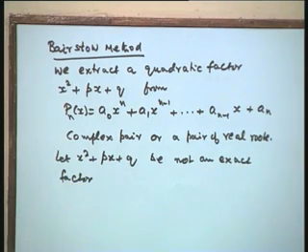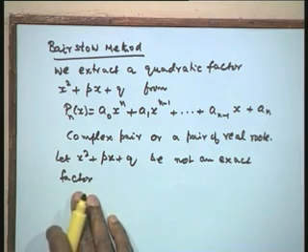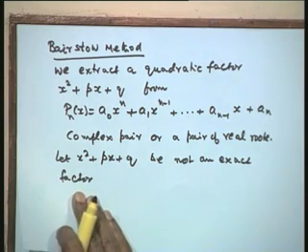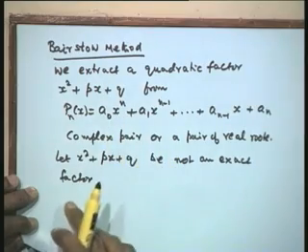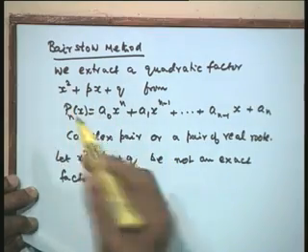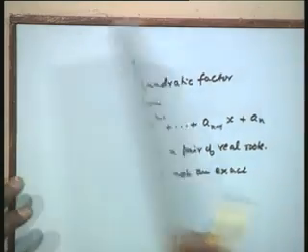Then the division by x squared plus px plus q would give us a polynomial of degree n minus 2, and the remainder, because we are dividing by a quadratic, will be a linear polynomial.